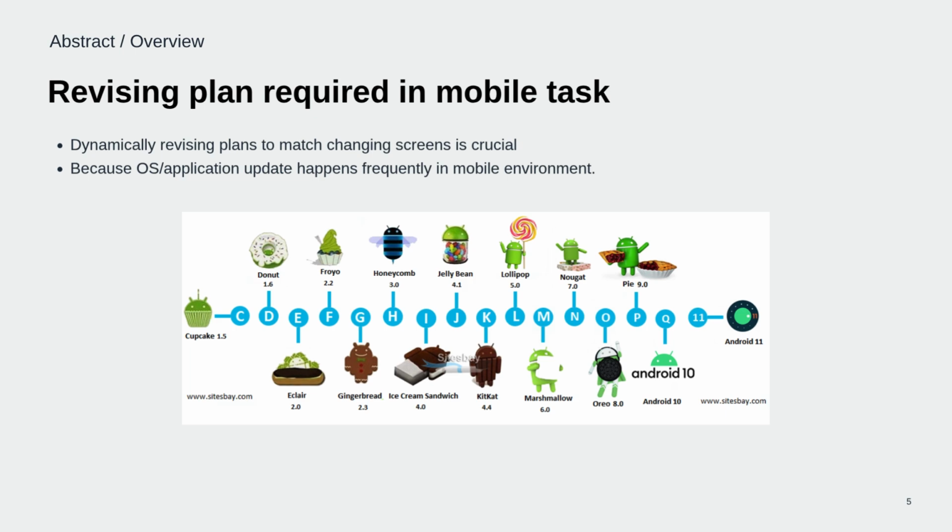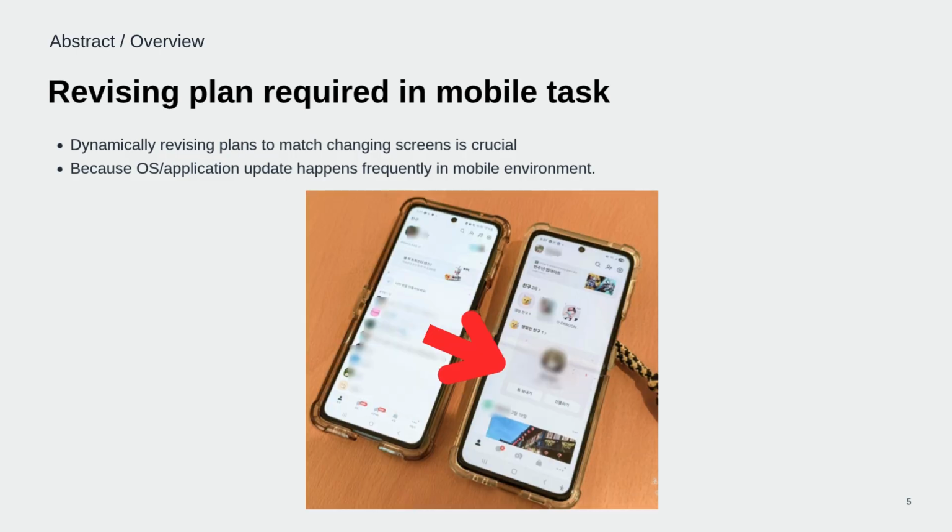As you can see, the Android OS is updated annually, and some of your applications are updated almost daily. So we cannot just stick to the previous knowledge of the LLM, which comes from supervised fine-tuning, pre-training, or reinforcement learning, whatever. The LLM needs to revise based on the current state and the previous whole plan.